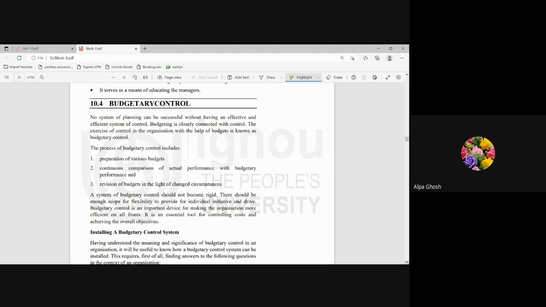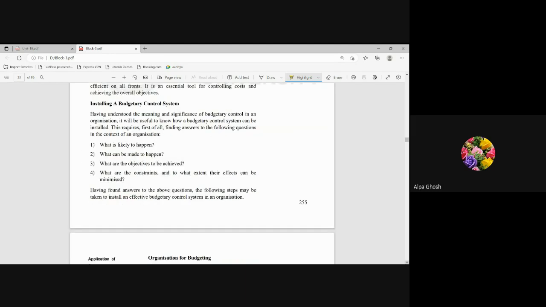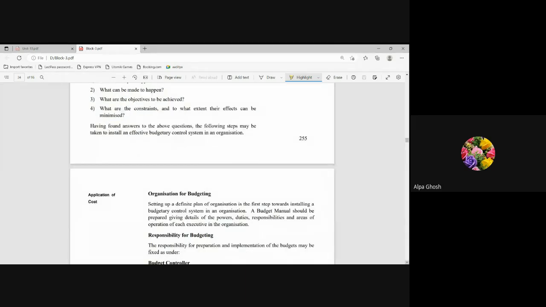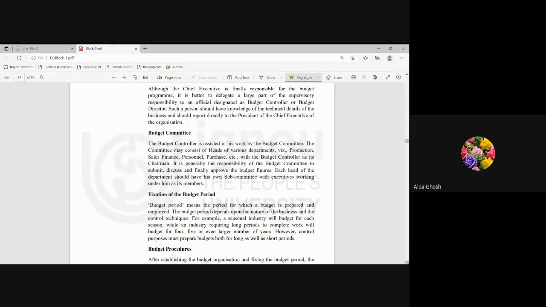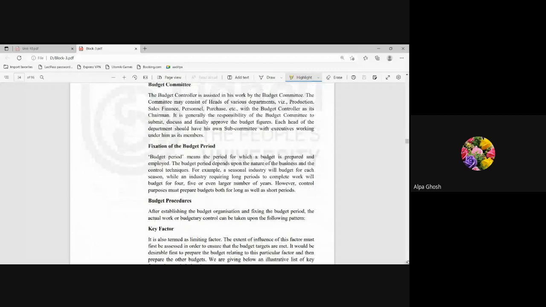So each and every organization has its budgetary control system. There is a budget committee who prepares the budget, and the budget is prepared for a fixed period.